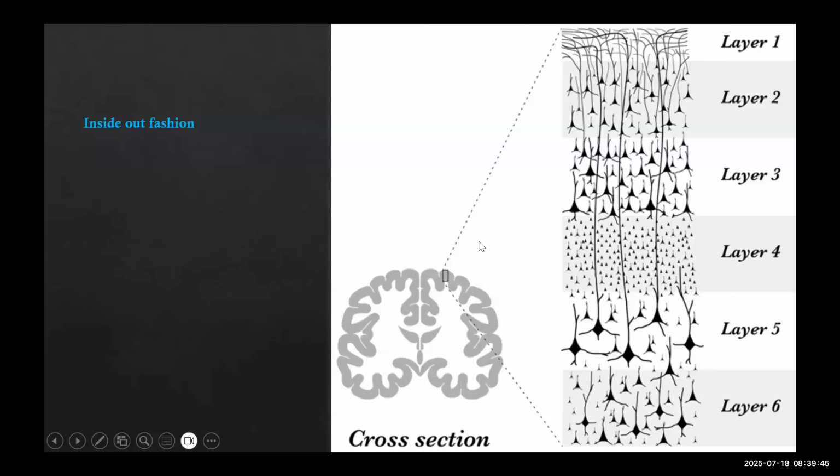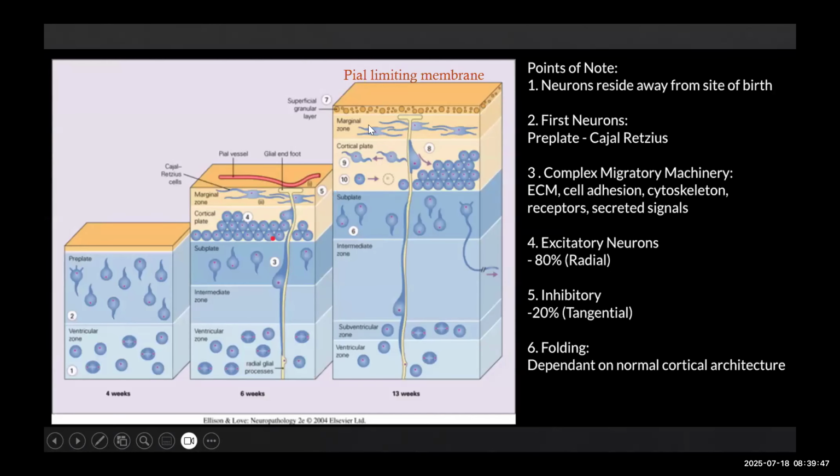So the Cajal-Ritzius cells are cells which reside here. They secrete a specialized protein called reelin, and this instructs the neural cells, neuroblast, to decide where they have to jump off.